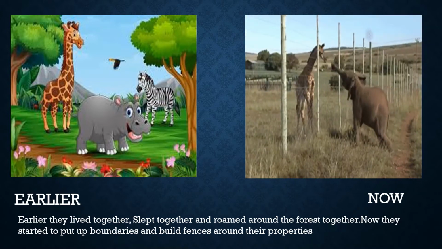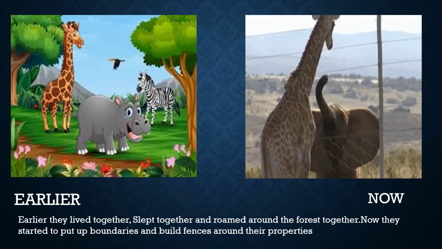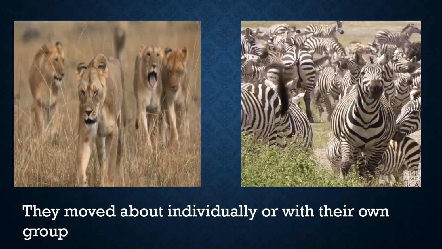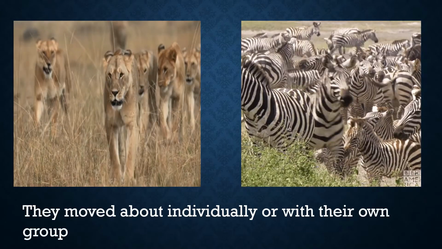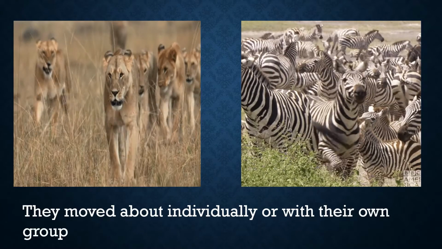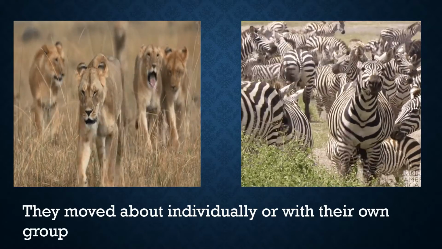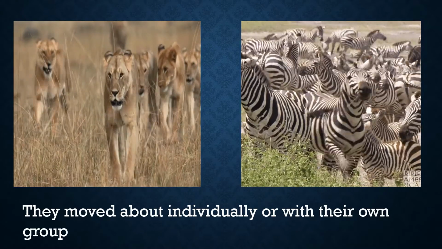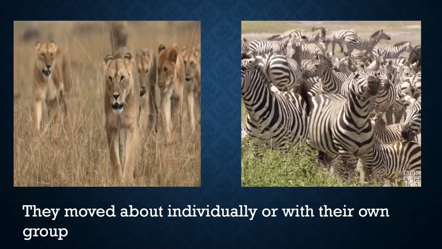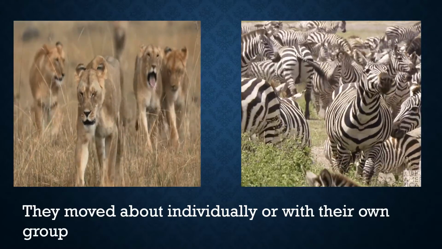They moved about individually or with their own group. In this video clipping you can see lions moving with their own group, and zebras moving with their own group. They are not mingling with the others. Once all these animals lived together, but now they have been separated from each other.